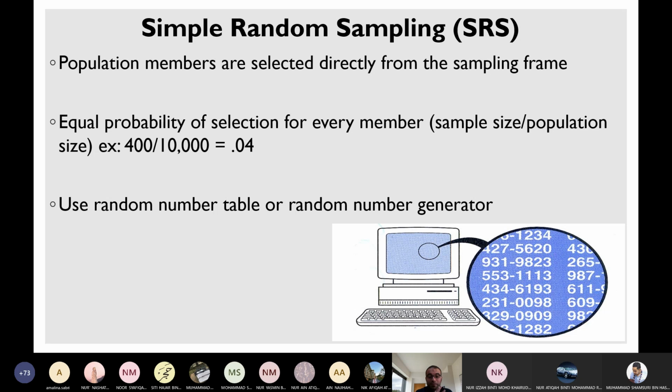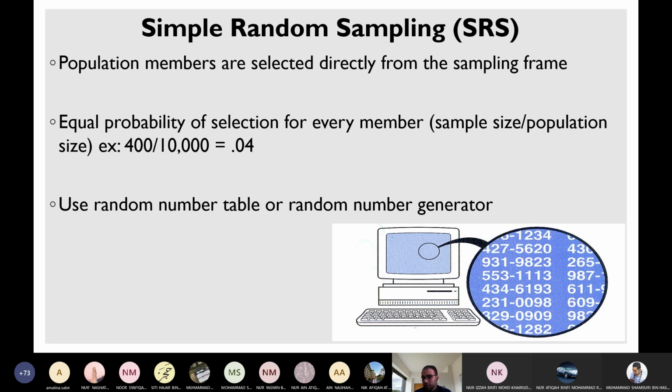So we calculate the probability by dividing our sample by the population size. It gives us an estimate of the probability of each and every unit in the 10,000 to be included as one of the 400.